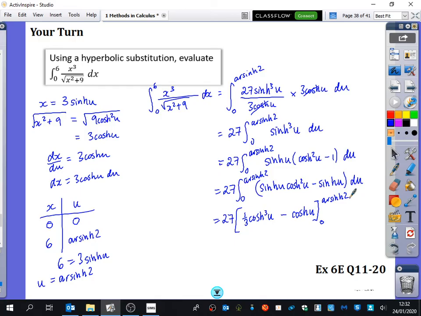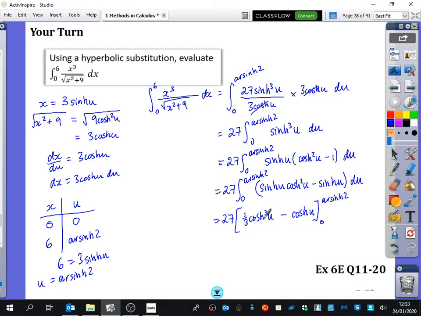Now we have to try and put arcsinh 2 into cosh. Do we have to put the u back in first? How do we do that? Isn't arcsinh 2 equal to u?